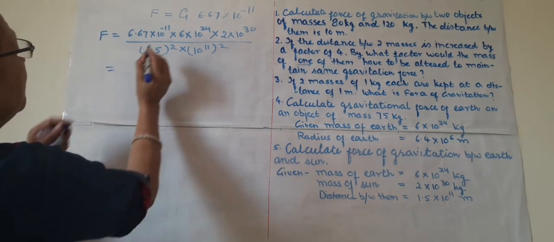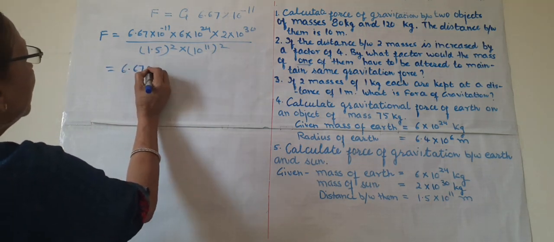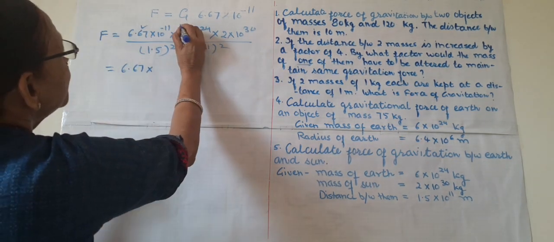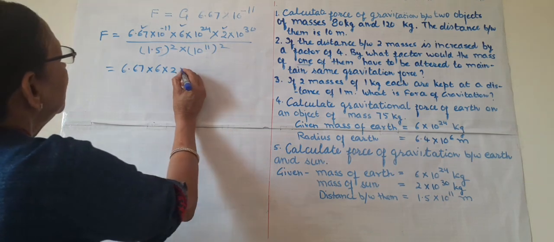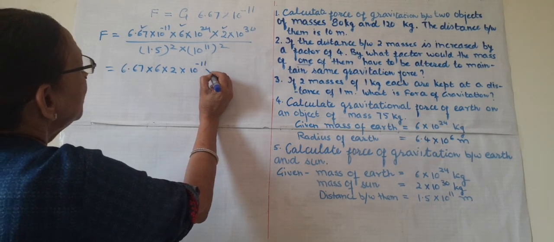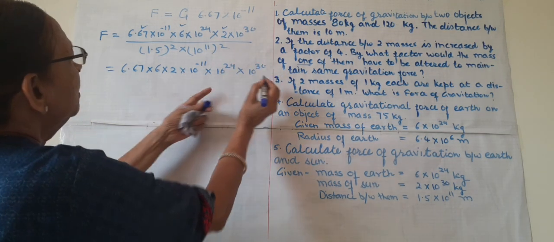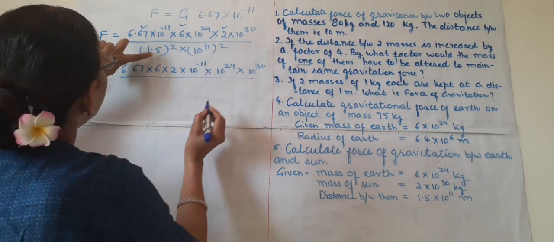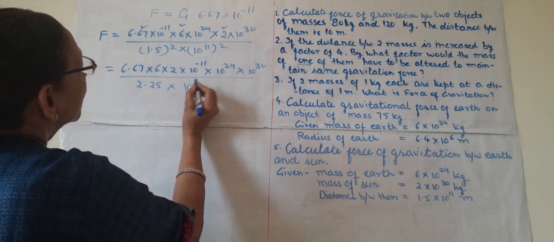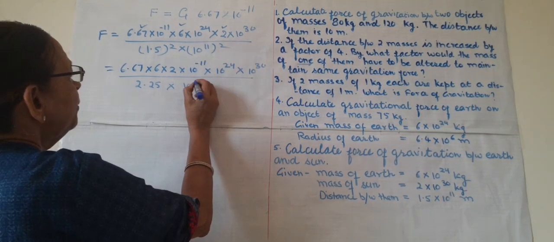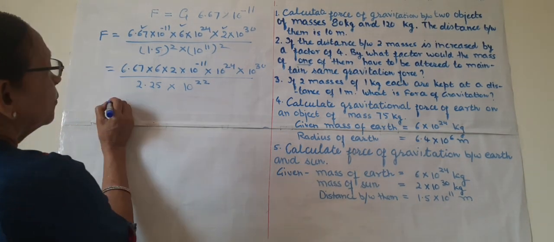So again we will put all these values on one hand. So simplifying this, 6.67 into 6 into 2 on one side, and 10 raised to power minus 11 into 10 raised to power 24 into 10 raised to power 30 on one side, divided by 1.5 into 1.5, 2.25 into 10 raised to power 11 into 2, it will be 22. So now we have this equation.